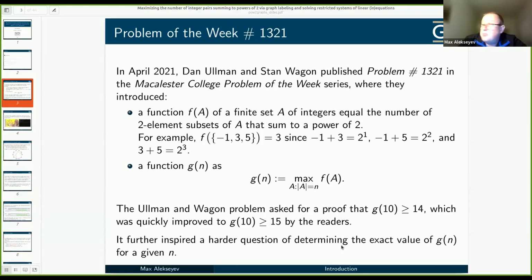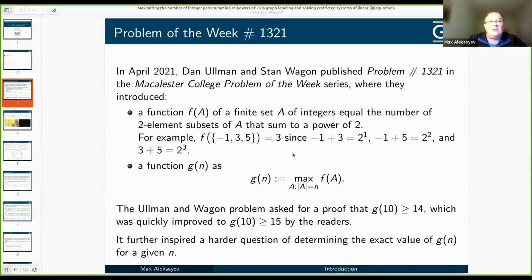However, it was quickly improved to the bound of g of 10 is at least 15. Of course, in this case, improvement is done by example. As soon as you exhibit an example with a particular number of pairs, you get a particular lower bound. But then this inspired a question about how to determine the exact value of g of n for a given value of n.